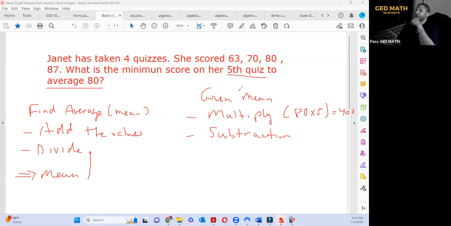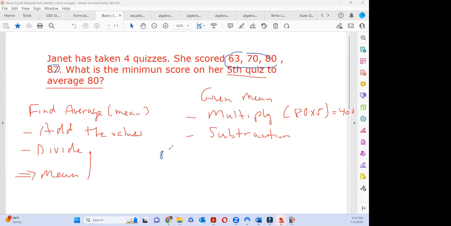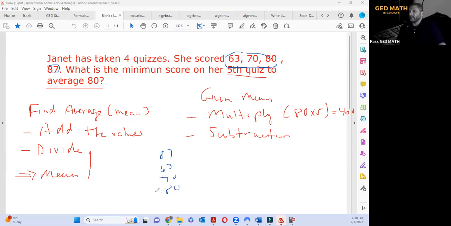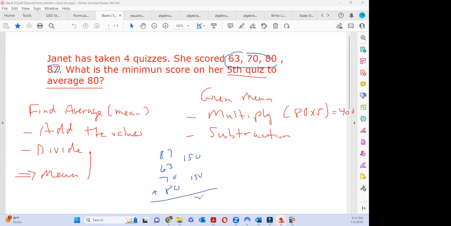Now we have to subtract the values that we already have, so we have to add them up. We've got 87 and 63, and 70 and 80. This is 150, and this is 150. That's 300. So we subtract 400 minus 300.